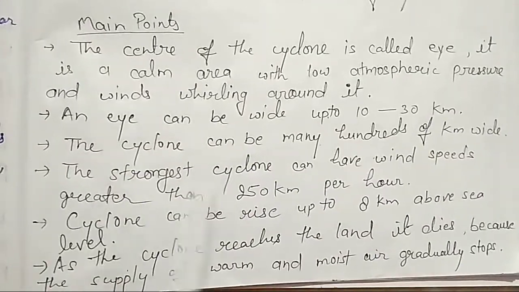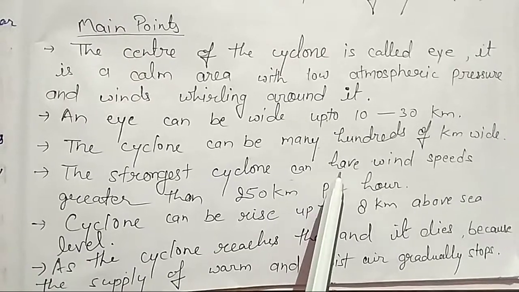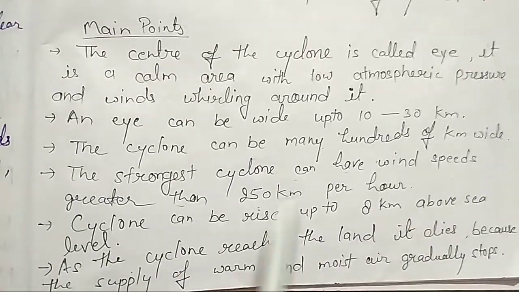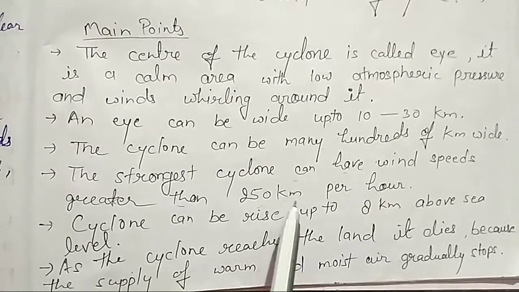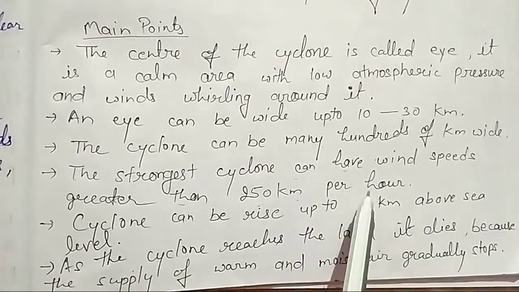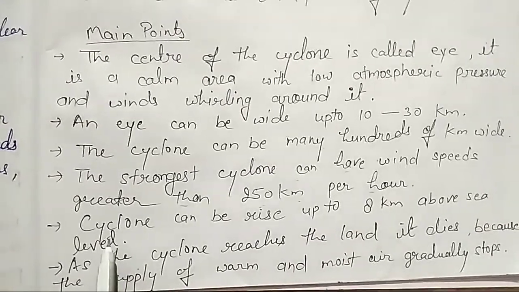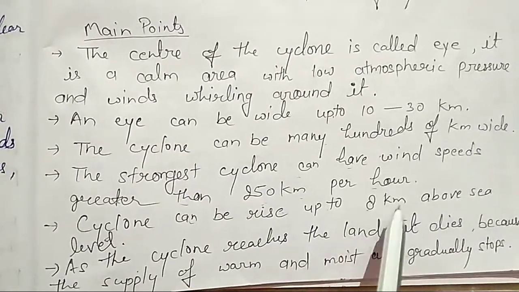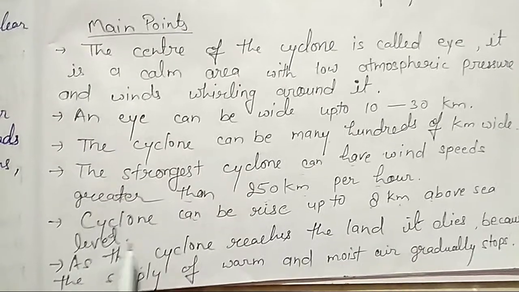The strongest cyclone can have wind speeds greater than 250 kilometers per hour. Next one is, a cyclone can rise up to 8 kilometers above sea level.